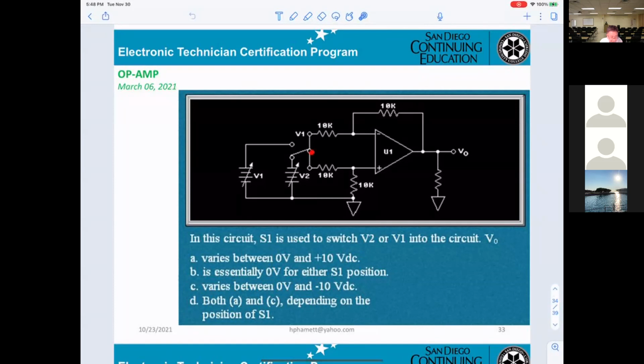So basically they can move this to V2 or to V1. What happens to the V out? For your understanding, tell me A or B or C or D.